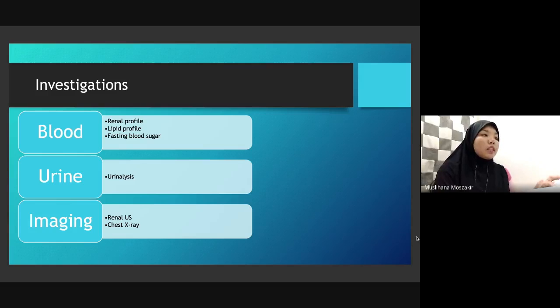And then imaging, we might want to do renal ultrasound to check the condition of the kidney if the patients have a congenital problem. And then chest X-ray to look for any left ventricular hypertrophy.